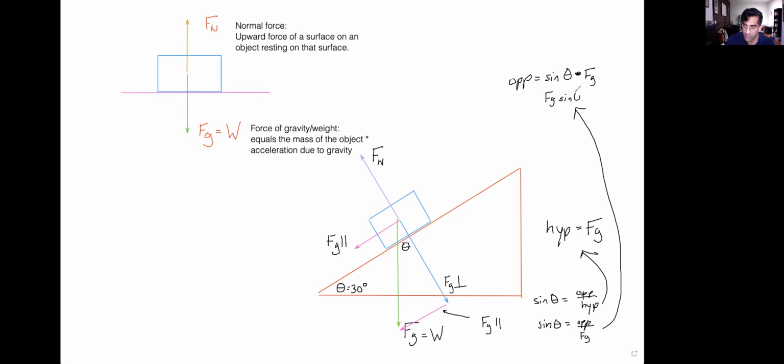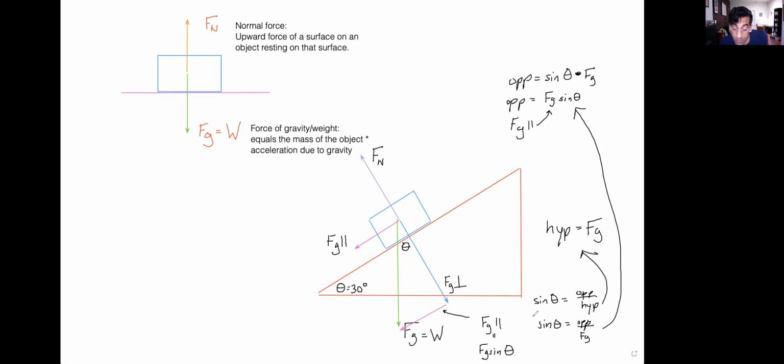Fg sine of theta is equal to the opposite leg. And so therefore, I know that the parallel force of gravity, Fg parallel, is equal to that. And I'm just going to write that relationship down here. Fg sine of theta.